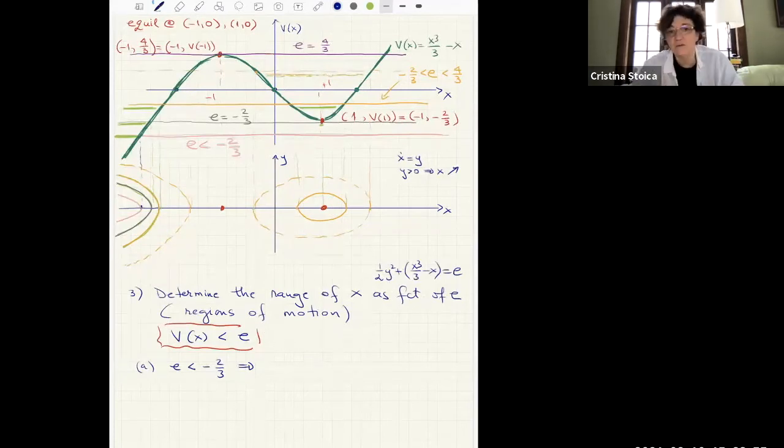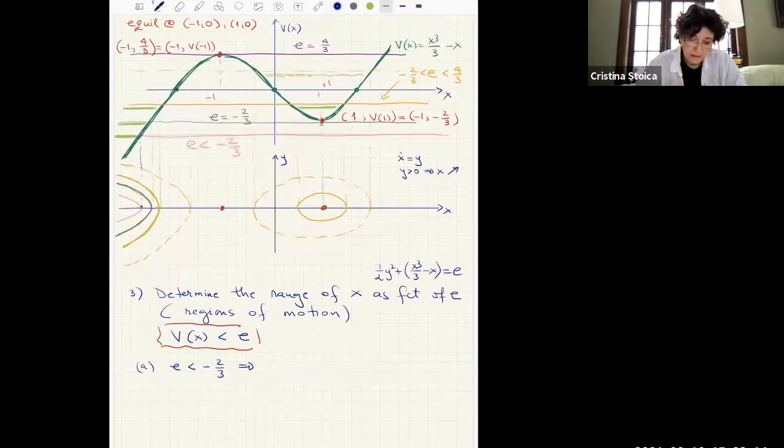That's exactly what we're plotting there. If you do an implicit plot in Maple, you're going to get exactly these curves. But I don't need Maple for this. I just need to know how to plot the V of x, and then I'll just deduce them.